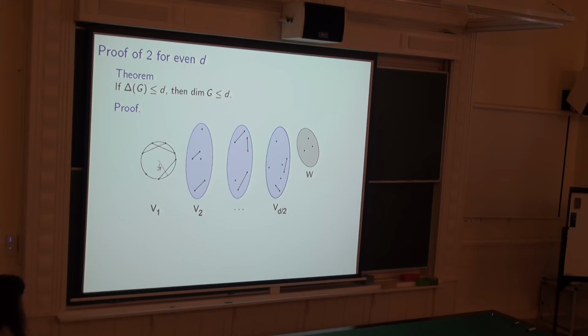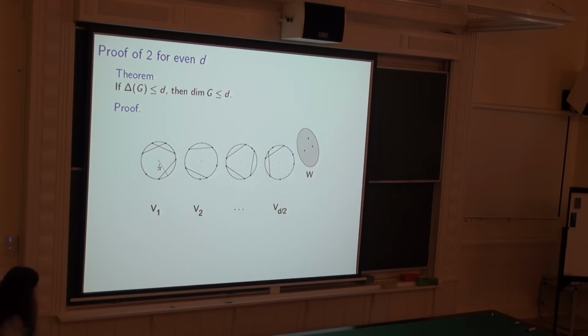And then we take a plane orthogonal to this first plane, and we embed the second part in the second plane in a similar way. And we do this with the other parts as well. So these circles are in pairwise orthogonal planes, and in none of them are there points in opposite positions.